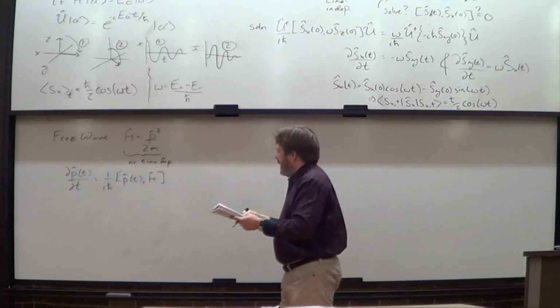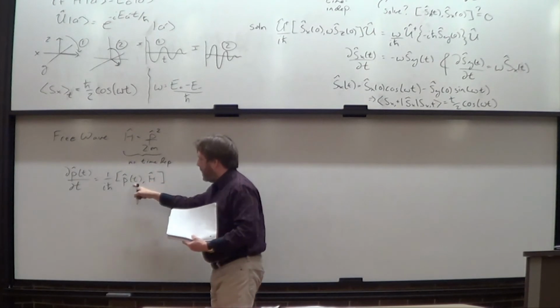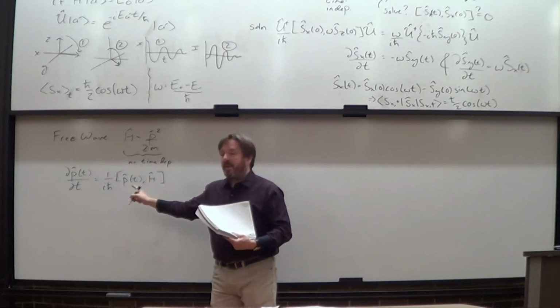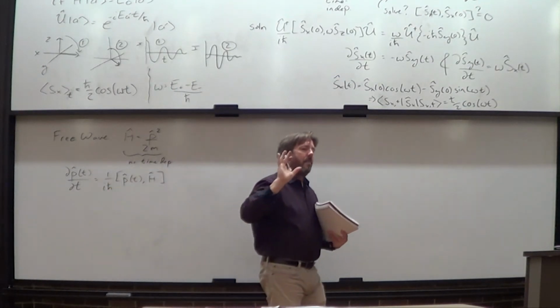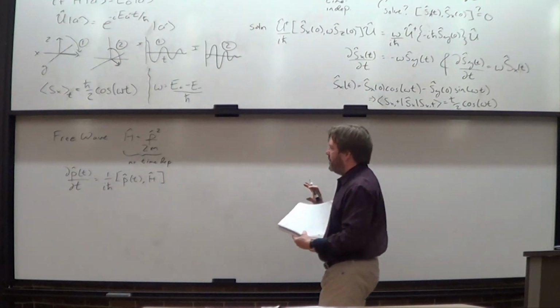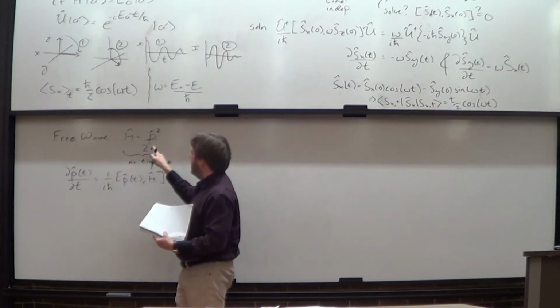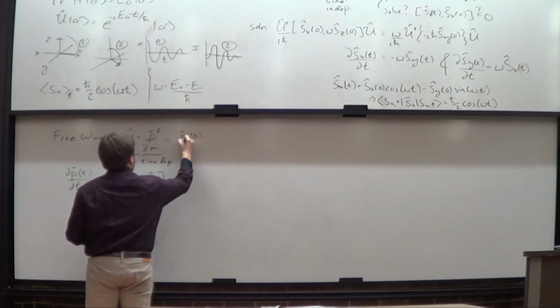Okay. Now, here's the thing. It turns out that I'm going to show you that this is 0. And so there is no time evolution to the momentum operator. But I'm kind of cheating. Let's say I don't know that. P of t may not commute.